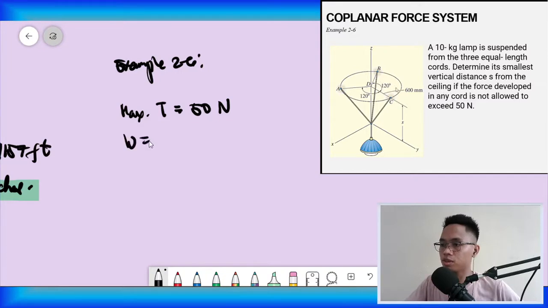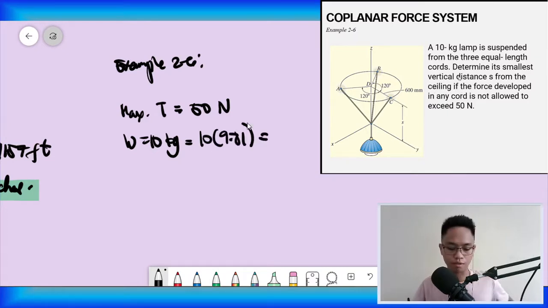The weight is equal to 10 kilograms, so that's 10 times 9.81, which is 98.1 Newton.